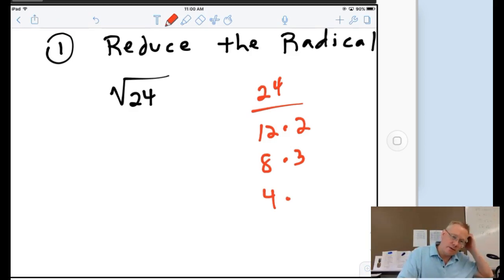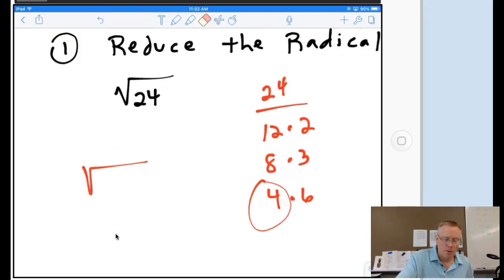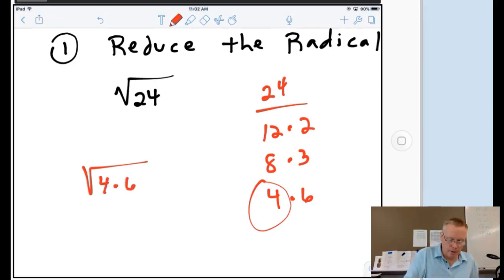So there's a law of radicals that says I can break up one radical into two. So I can break up 24 into 4 times 6, and I don't always show that step, but that is a step. And from there, I can give each thing that's connected by multiplication under the radical its own radical.